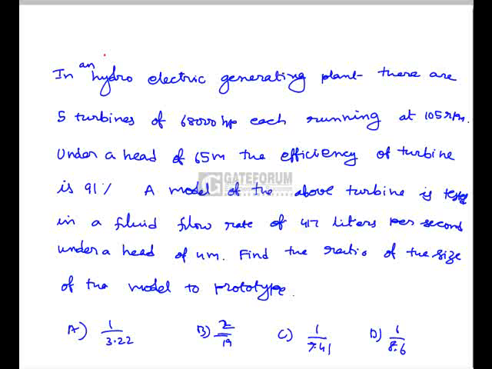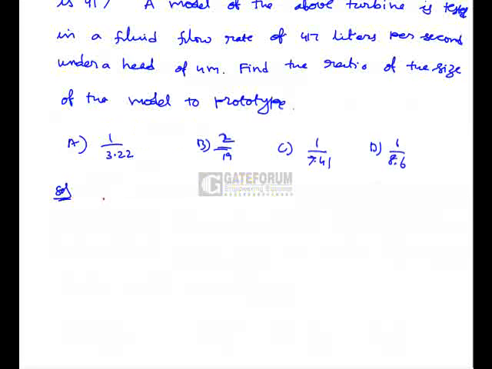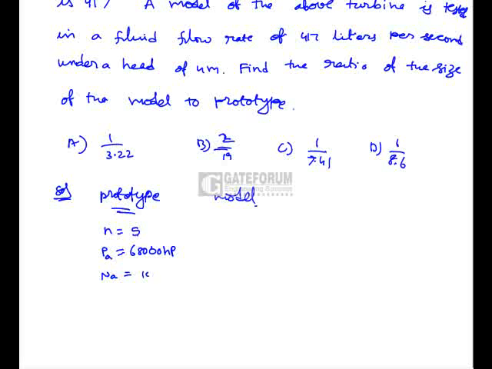First write down the information regarding the prototype and the model. For the prototype, the number of turbines is 5 and the power is 68,000 HP. Let us say the prototype is represented by suffix A. The speed of the prototype turbine is 105 rpm each under a head of 65 meter, and the efficiency of the turbine is 91%.